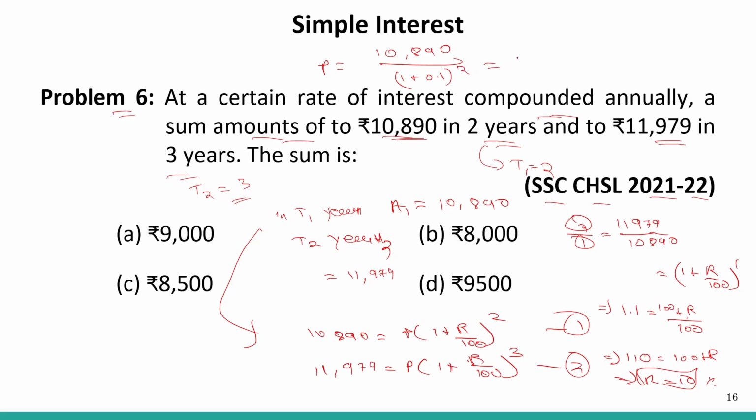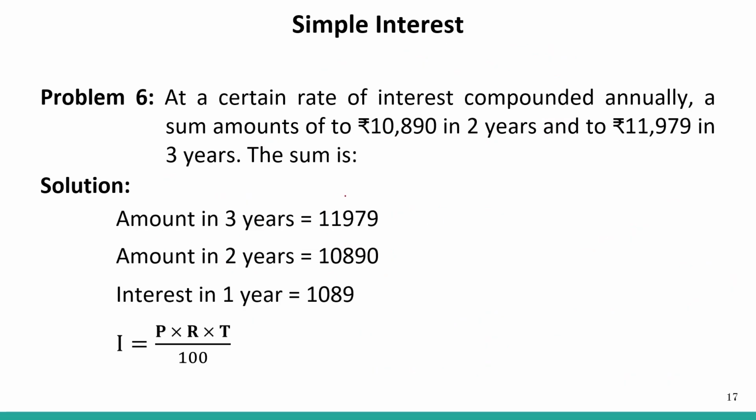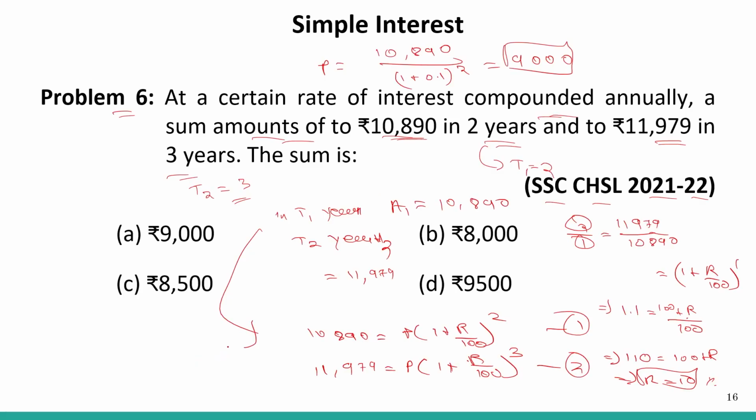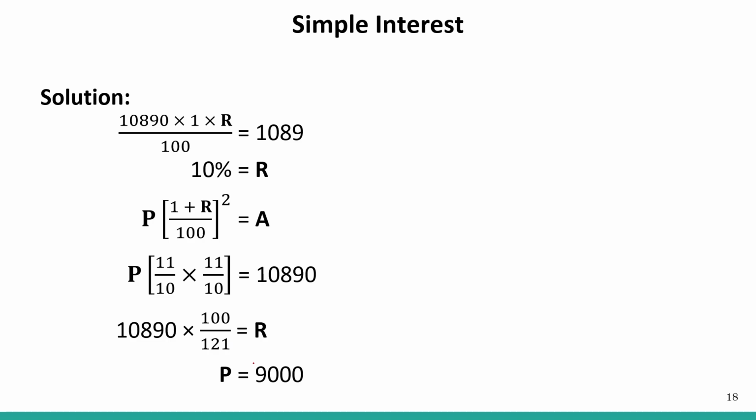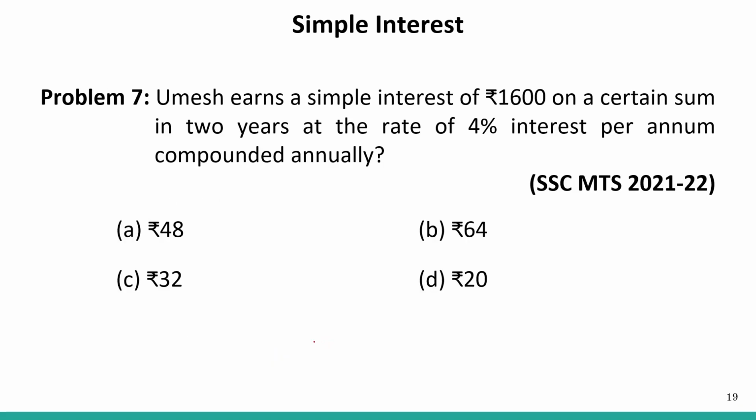This is nothing but 9,000. The amount in 3 years is this much, the amount in 2 years is 10,890, and the interest in 1 year is 1089. So I is equal to PRT by 100, right? So 9,000 will be the correct answer.